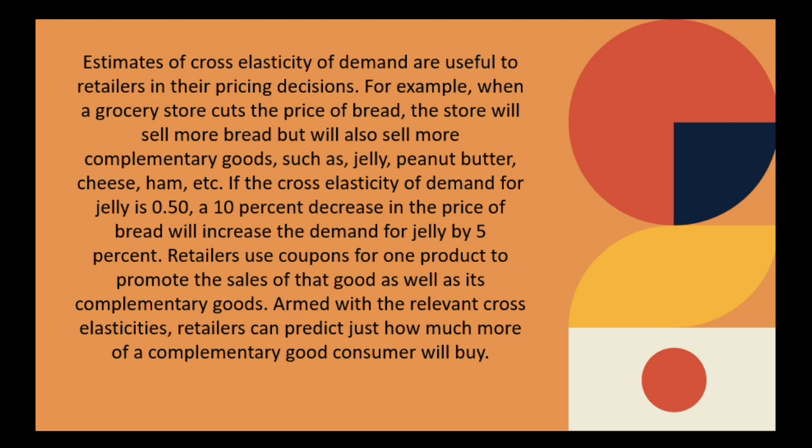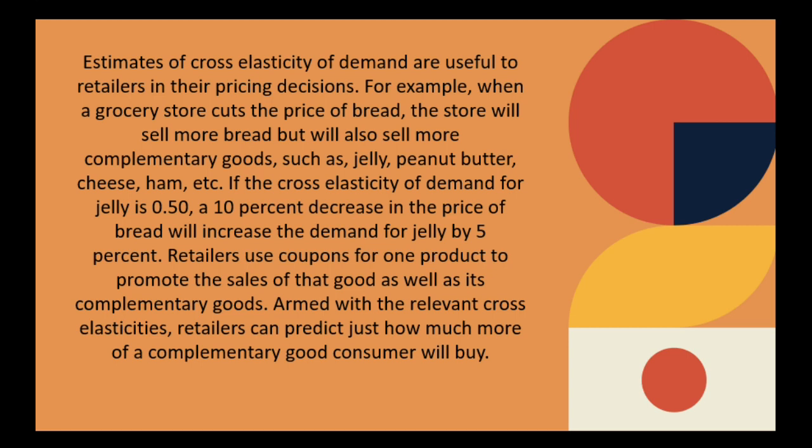So if the cross elasticity of demand for jelly is 0.50, a 10% decrease in the price of bread will increase the demand for jelly by 5%. So retailers use coupons for one product to promote the sales of that good as well as its complementary goods. Armed with the relevant cross elasticities, retailers can predict just how much more of a complementary good consumers will buy.